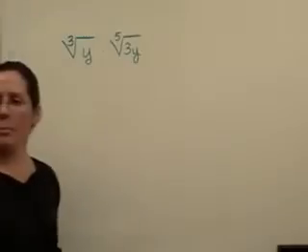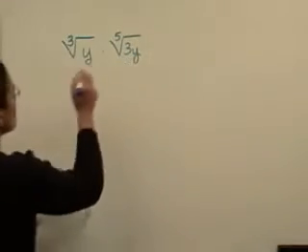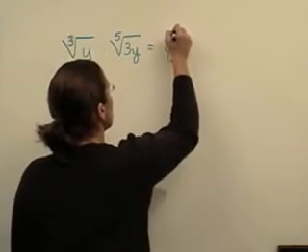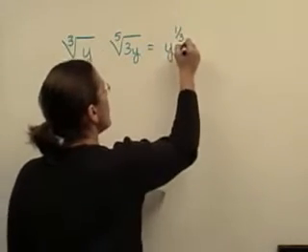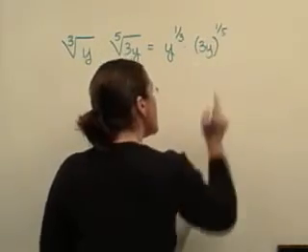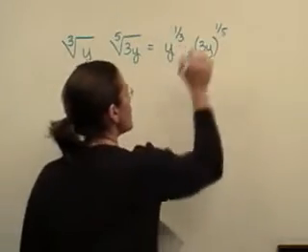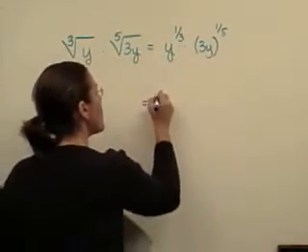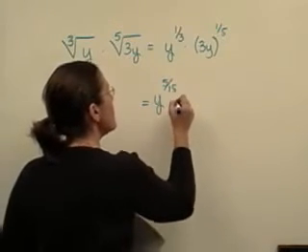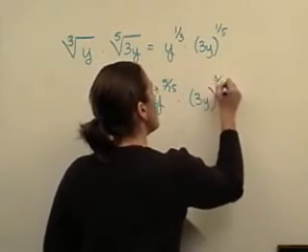Another problem, I want to simplify this into a single radical expression. The cubed root of y times the 5th root of 3y. I'm going to write this with fractional exponents, so y to the 1/3 power, and then 3y to the 1/5 power. And it appears as though, this is commonly true, that I can't do anything with this until I get common denominators. So I'm going to write y to the 1/3 as y to the 5/15 power, and the 3y I'm going to write as 3/15.